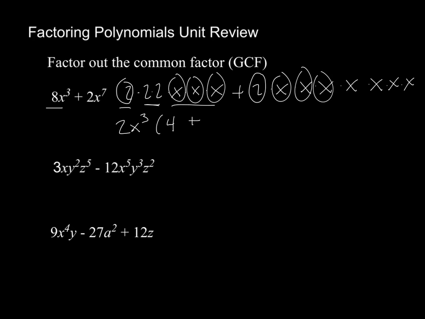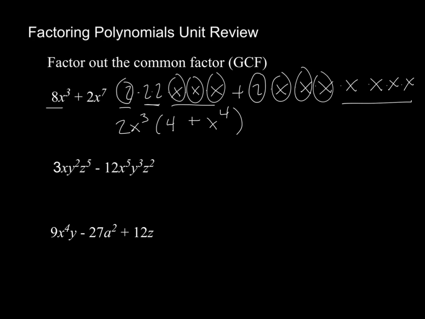What's left over in the second term is that x to the 4th power. Now, if you remember when we talked about this in class, when they both have the same variable, the common factor of a variable, the GCF, is going to have the lower exponent of the 2. That's why we have x to the 3rd here.